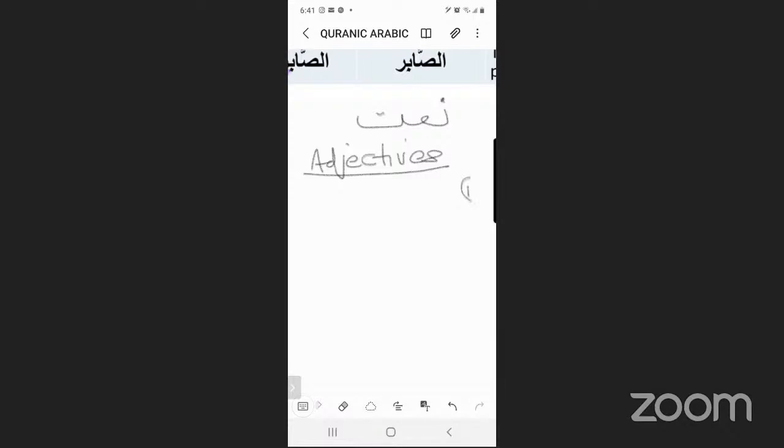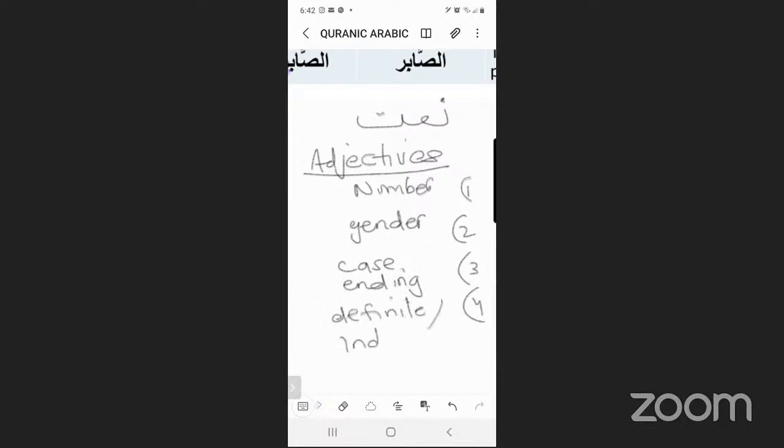Number one, it has to match the man'ut, the one that they're explaining, in number. Number has to be the same. Gender has to be the same. Case ending has to be the same. And definite and indefinite.